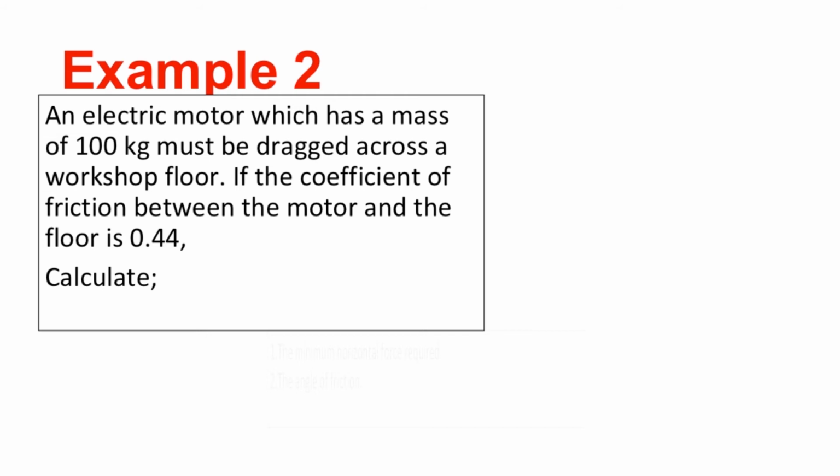This electric motor must be dragged across a workshop floor. Now we are given the coefficient of friction. Remember the first one, we were given the horizontal force which is required to drag this object across a wooden floor. In this case, we're not given that horizontal force. We're only given the mass and the coefficient of friction. So we need to be able to calculate this.